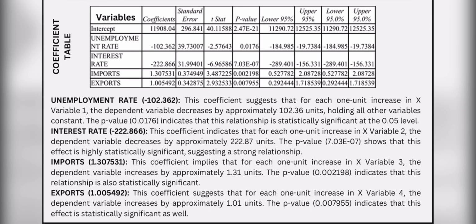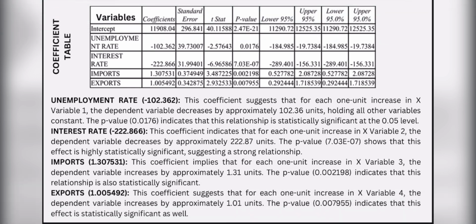This is also significant, as the p-value of 0.007955 is lower than 0.05. So in terms of each variable, it is highly understandable that the model is statistically significant.